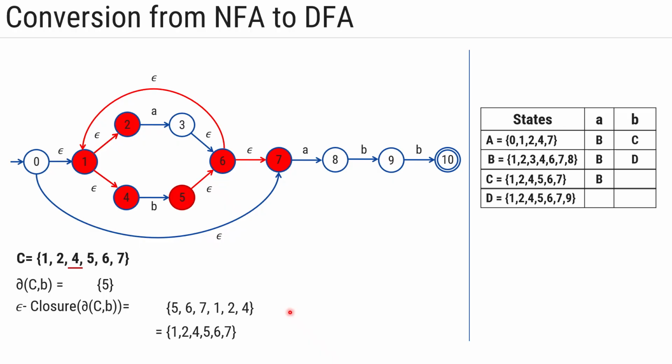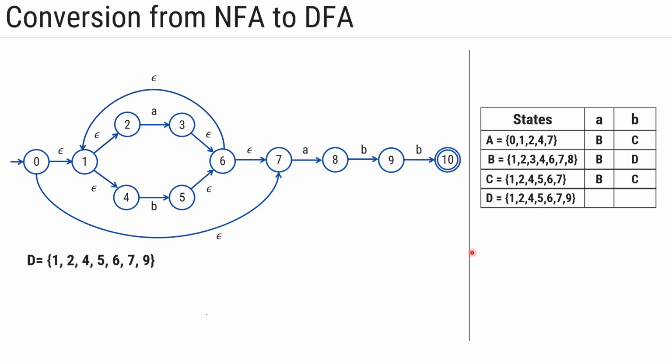You can rearrange them, which is similar to C. It is similar to C. You didn't get any new state. So delta of C comma small b will go to capital C state. Again, the next new state is capital D.